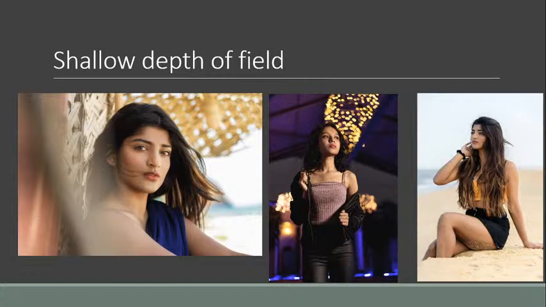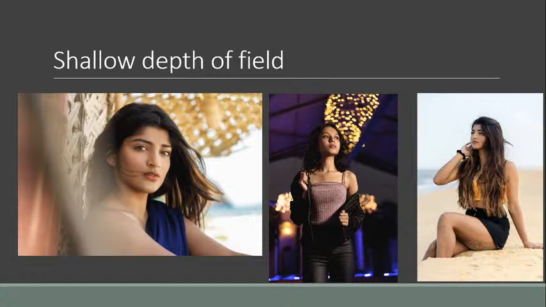Be it any kind of picture, you want your main subject to be in focus, and the main attention in these kinds of pictures should go to the model herself. So one way is you can use shallow depth of field, or if you don't have a lens which goes below f2 or anything, you can use a longer zoom lens at maximum focal length, which will blur the background quite evidently. So these are the two ways you can have the model in focus.